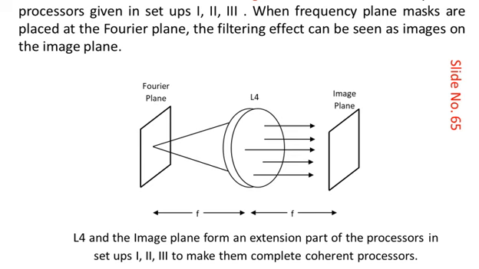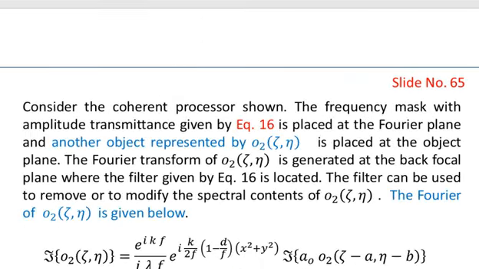After placing the Fourier transform hologram, that is the frequency plane filter, over here, we are now placing at any of the three coherent processors another object, which we are labeling as O2, as a function of zeta and eta.